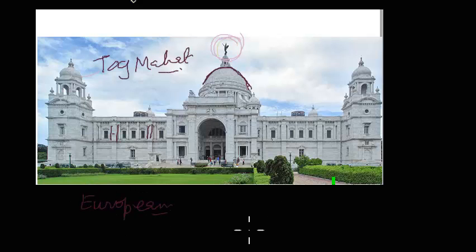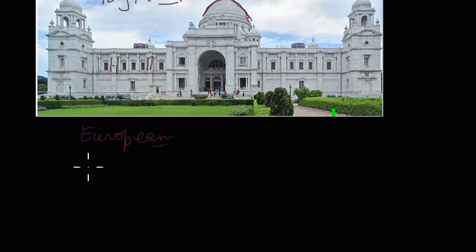Besides, there are some concepts of Indian architecture also, like Chhajja, Chhatri and Jali.